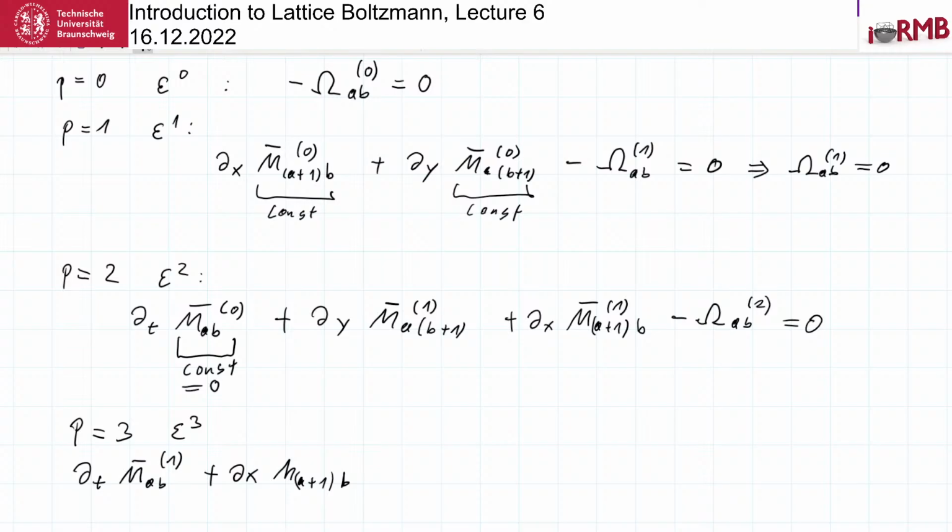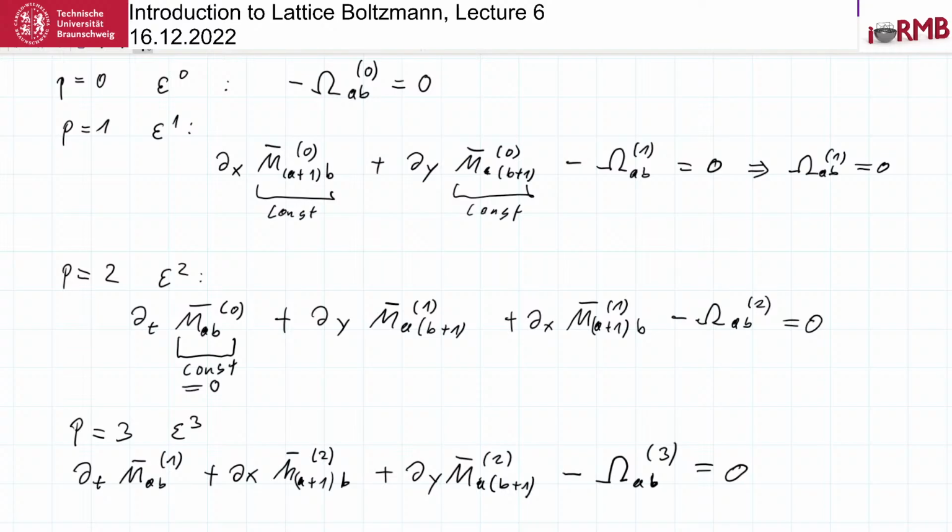The indices are counted up according to the derivatives. This is very useful. And we subtract 1 from the order, we end up with order 2. We get dy m a, we count up the index b, and this is of order 2, and we subtract the collision operator ab. There's no derivative, so we have now order 3. And all of this is still equal to 0.